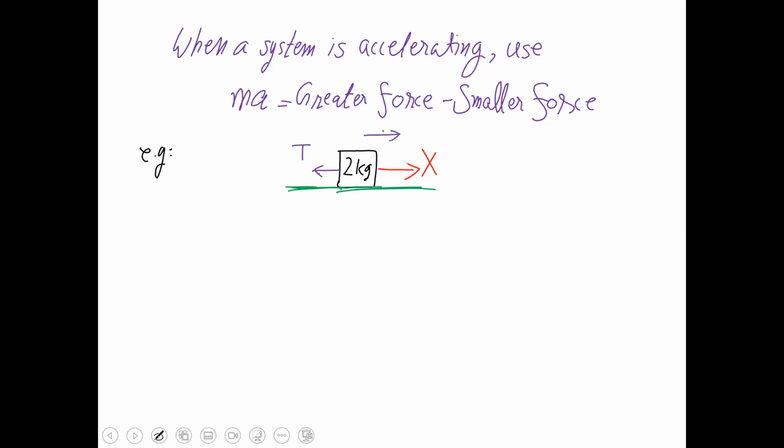And the object is accelerating to the right. Now, carefully see how we make equations. Formula says ma is equal to greater force minus smaller force. So I will write 2a is equal to the greater force X minus T. This is how we write down the equations.